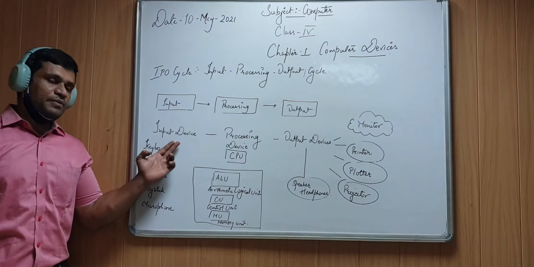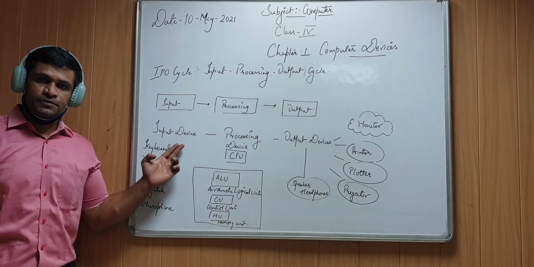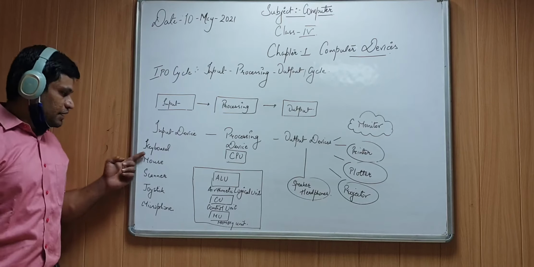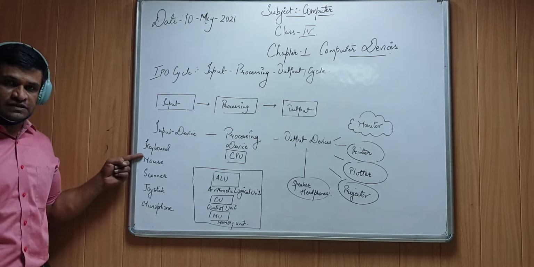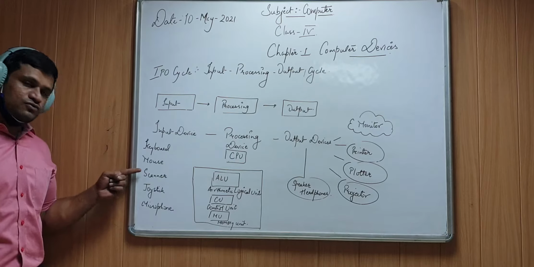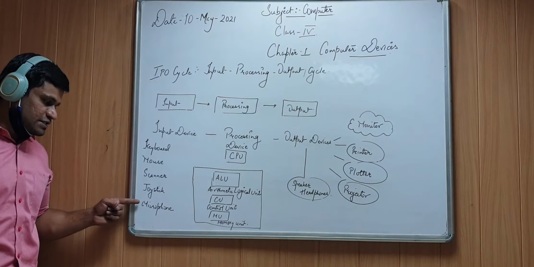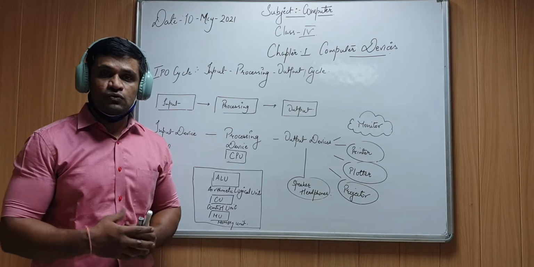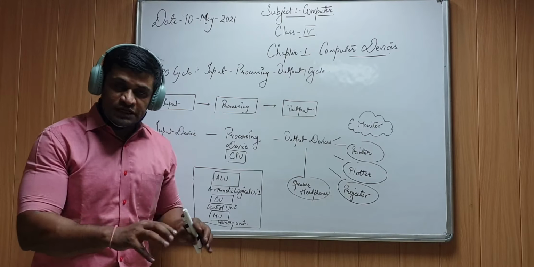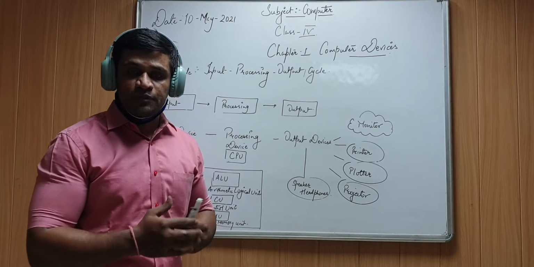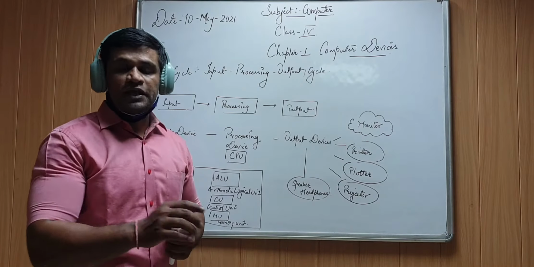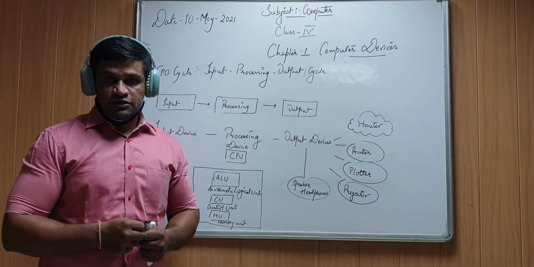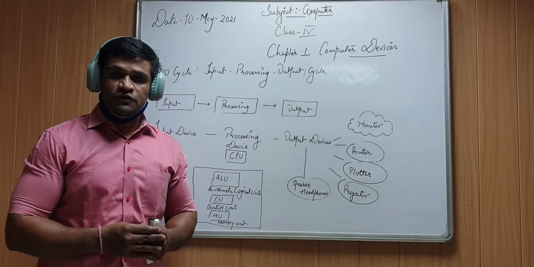Those devices which are used to provide input, through which we can give input, like the keyboard, mouse, scanner, joystick and microphone, which we discussed in the previous class. By using the keyboard, we type and provide numbers. By using the mouse, we point, select and click so that it can perform the function.